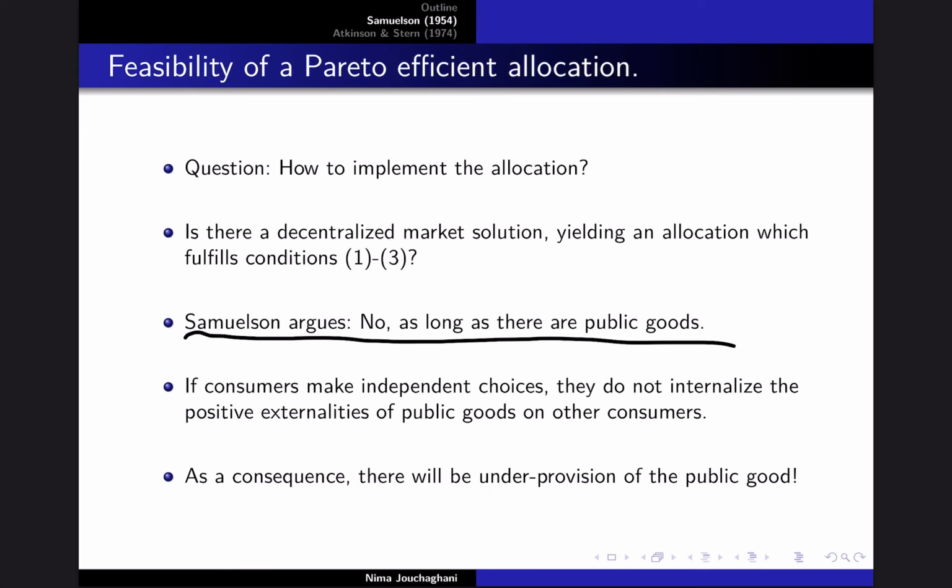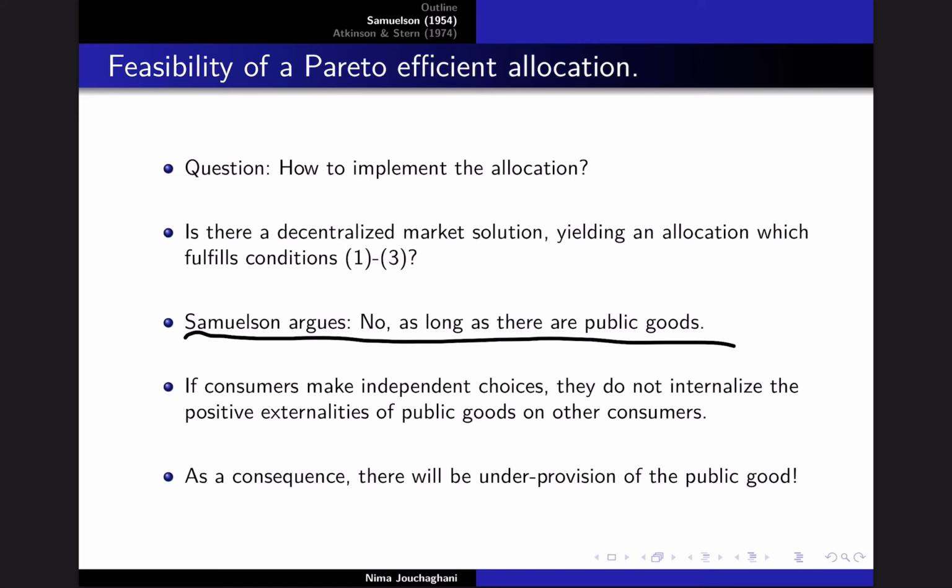But when a single consumer is solving his optimization problem, he is of course not internalizing the increase in utility of the other individuals in the economy, because it's not part of his own utility function. At least if we assume that preferences are not altruistic, so the individuals only care about themselves.